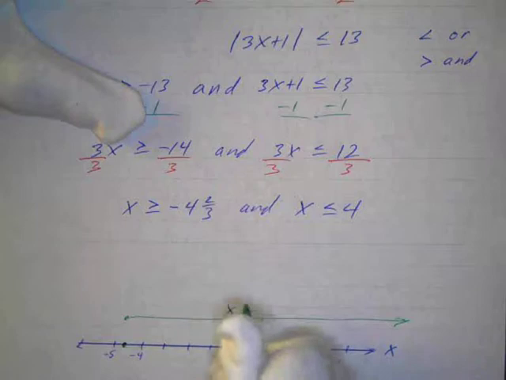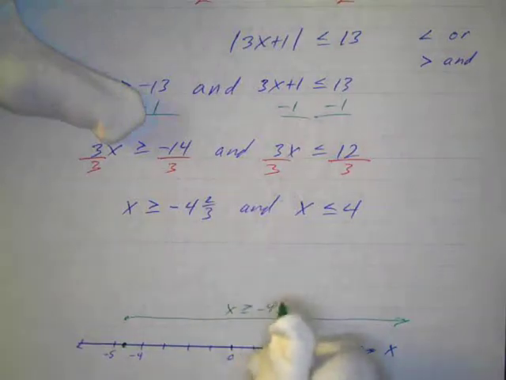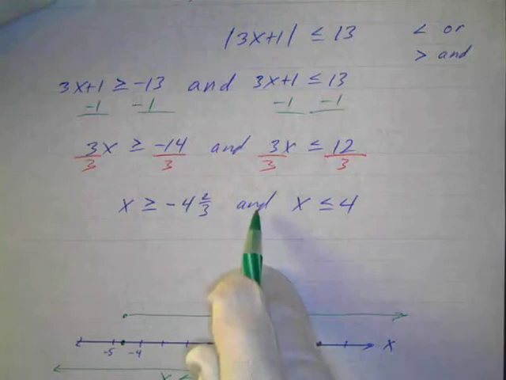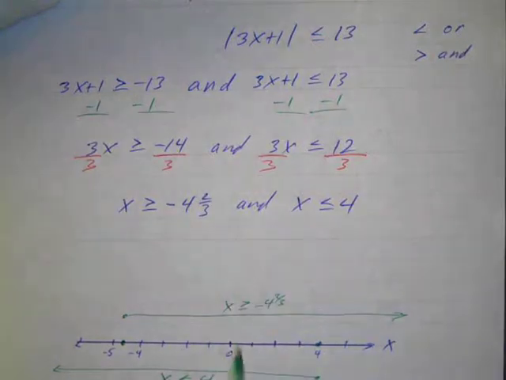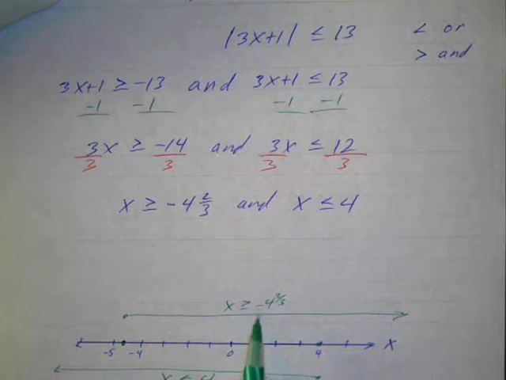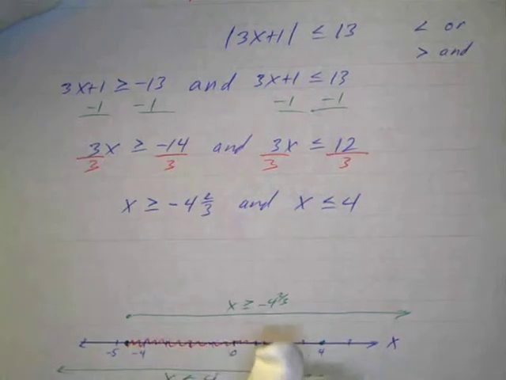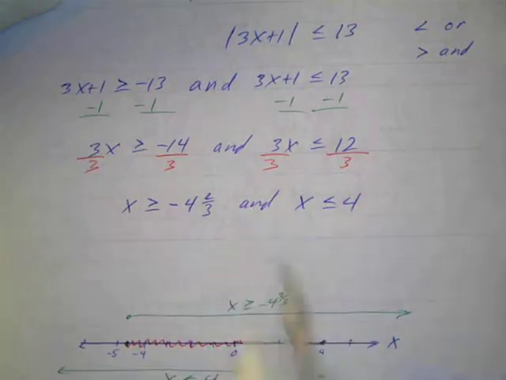And this is x is less than or equal to 4, so I put a dot over here, and that's x is less than or equal to 4. Then on my number line, since it's an and, it's going to be where I see both lines, two lines. Both have got to be true. So that would be in here. This is where I see two lines. That means both things are happening at the same time. That's what a conjunction is, a little more powerful. You have to have both things happening.